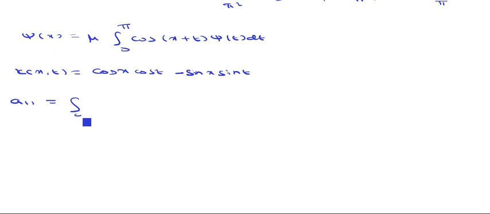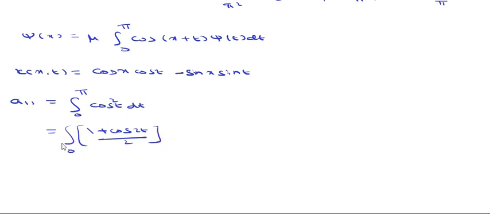So a11 equals integral 0 to pi b1 of t, which is cos t, into a1 of t, which is cos t. So cos square t dt. This can be written as (1 plus cos 2t) by 2, integral 0 to pi dt.